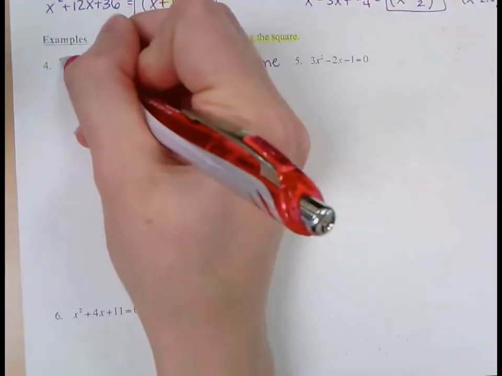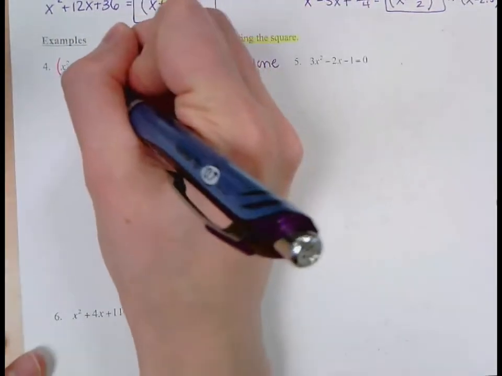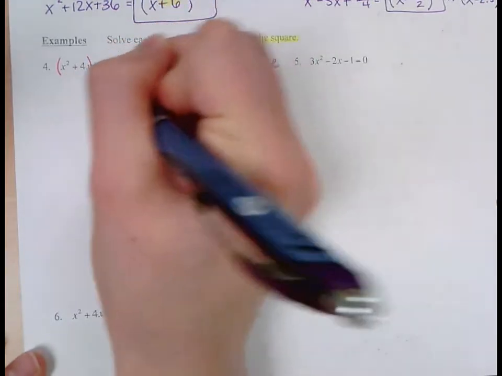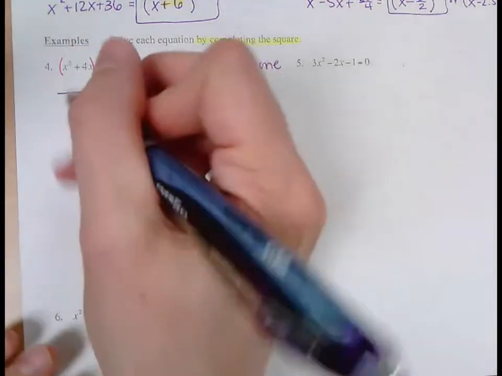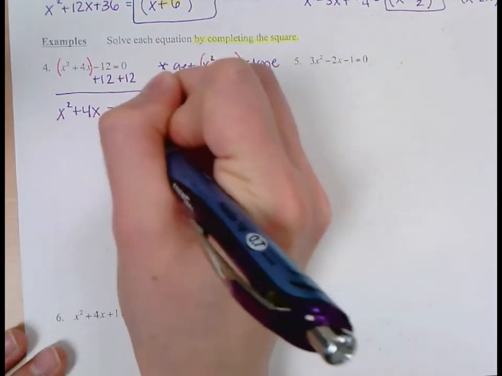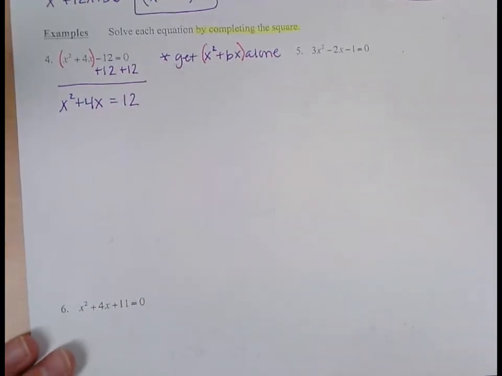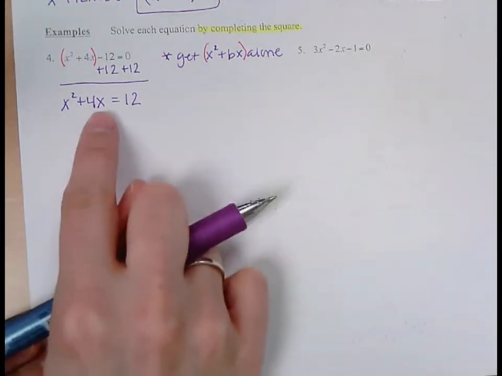So I need to get the x squared plus 4x alone, so I need to add 12 to both sides. You don't have to write the x squared plus 4x in parentheses, I'm just showing you want to get it alone. So I have x squared plus 4x equals 12. Now you're focusing on the left side of that equation.